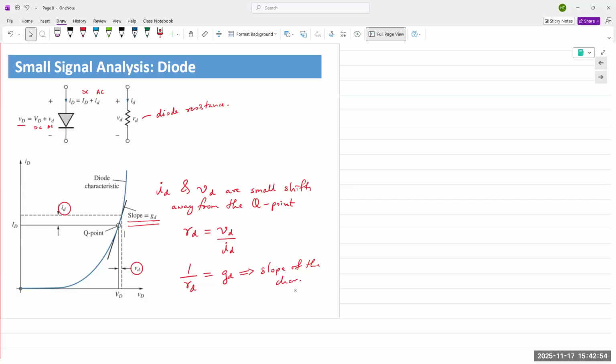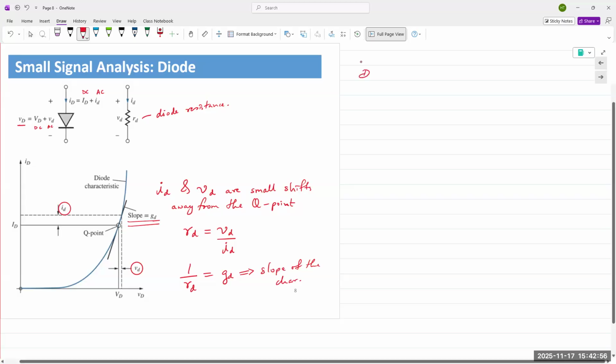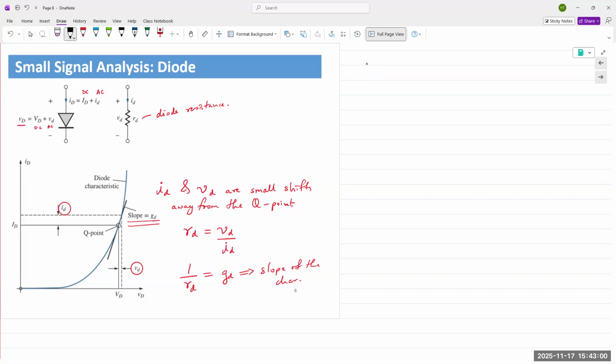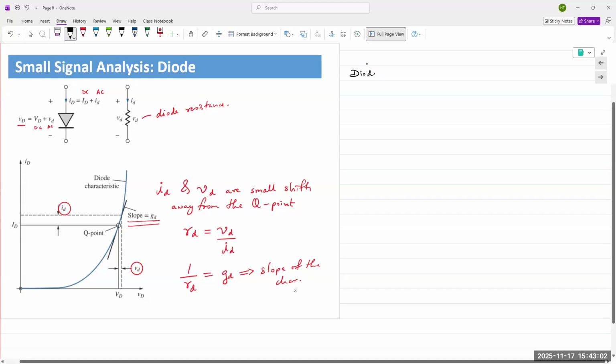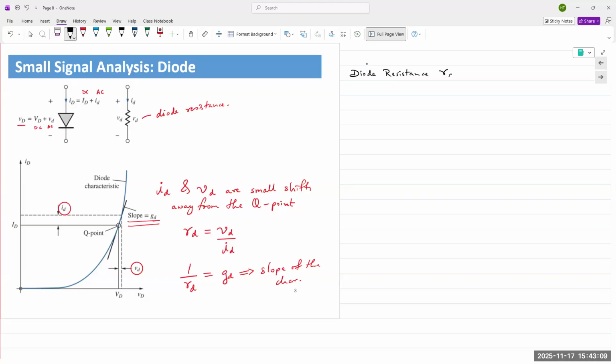So diode resistance is RD, I'll write it outside. Diode resistance RD, conductance is GD.